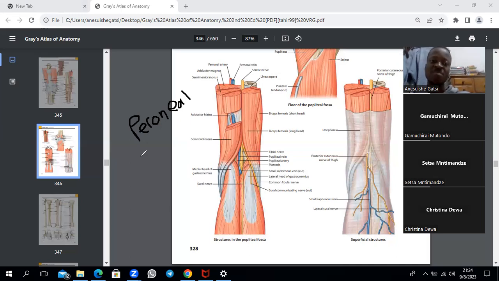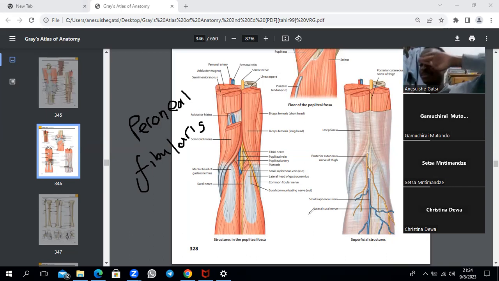The words mean the same thing. So posterior tibial artery will give you an artery called the peroneal artery. So the word peroneal already tells you that it's for the lateral compartment of the leg.